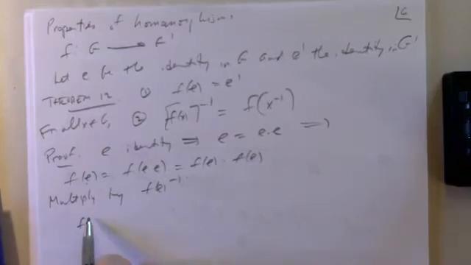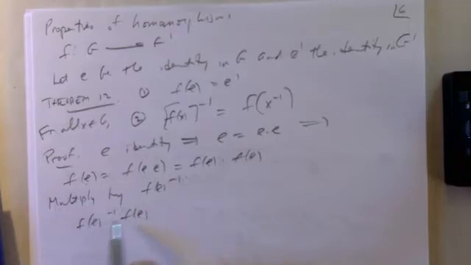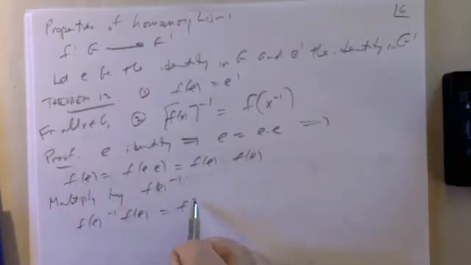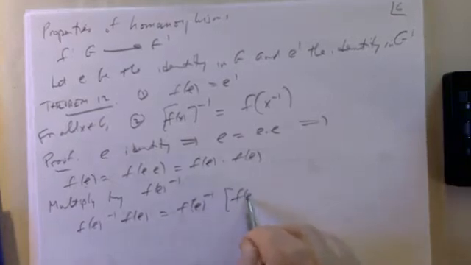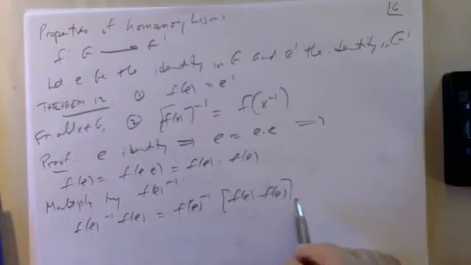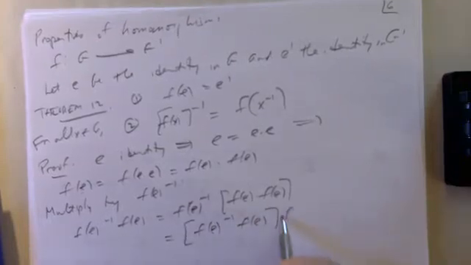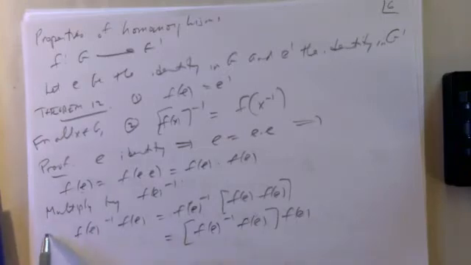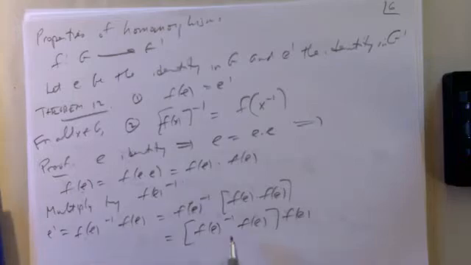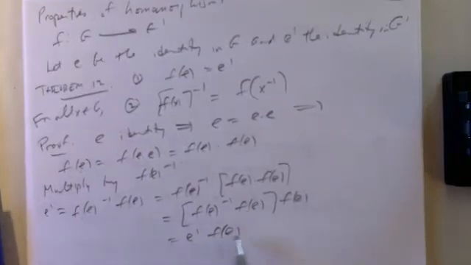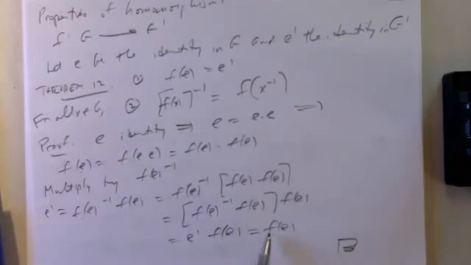I get F of E inverse times F of E is F of E inverse times F of E times F of E. And by associativity, this is F of E inverse times F of E, times F of E. Because F of E inverse times F of E, that's E prime, that's E prime times F of E. And multiplying anything by the identity just doesn't change what you're multiplying, F of E. So this says F of the identity in G is the identity in G prime.